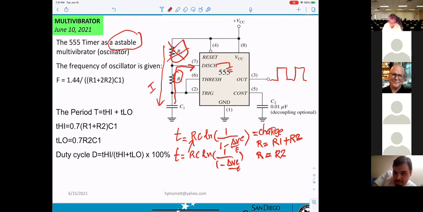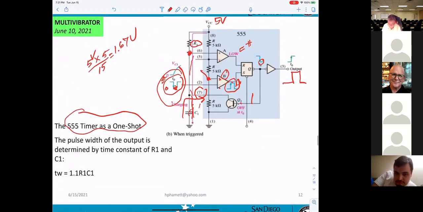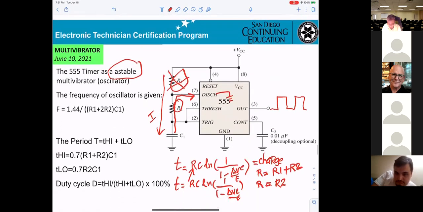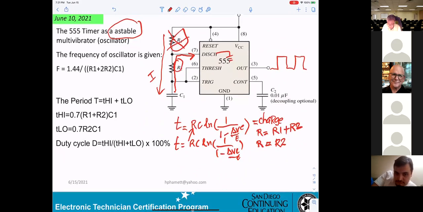Okay? So now you can see they don't have any input applied to the timer. On this one, you get the input applied to pin number 2, negative positive. On this one, okay, basically pin number 2, they connecting to the output on the top of the capacitor.